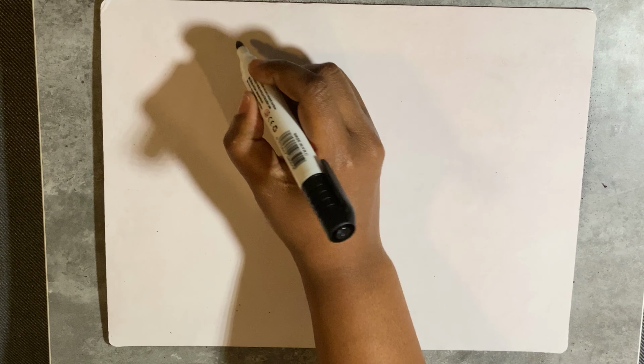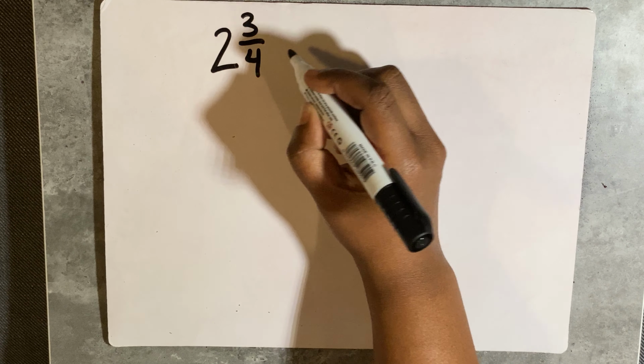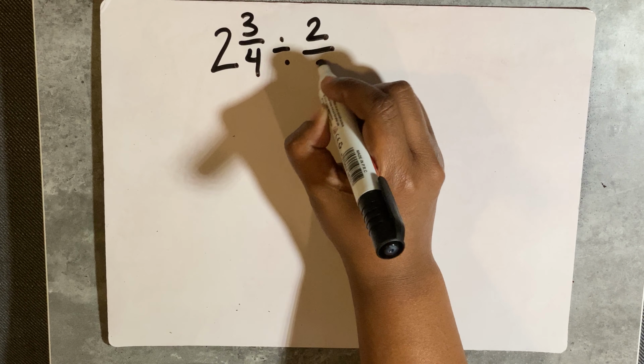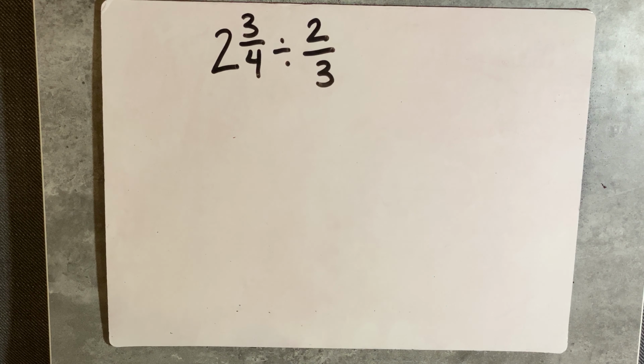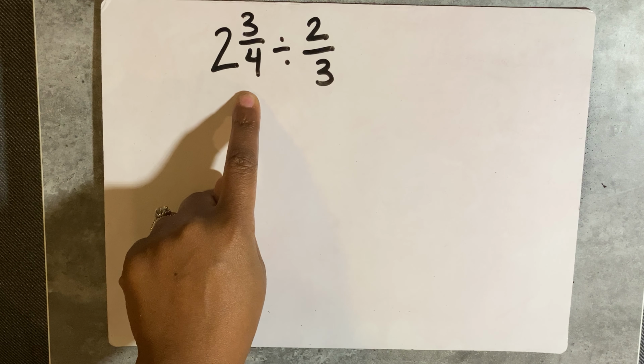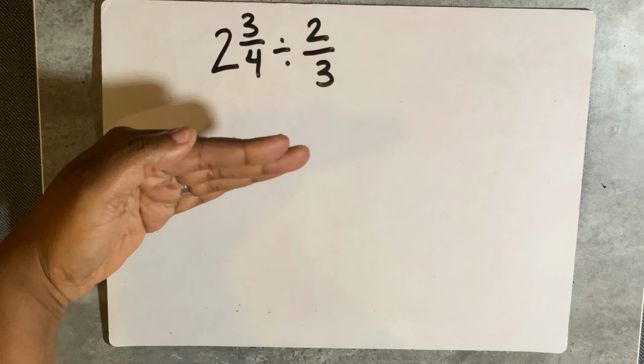All right, mixed numbers. When you are working with a mixed number, the first thing you got to do is take this mixed number and turn it into an improper fraction. An improper fraction is a fraction that is heavy on the top.